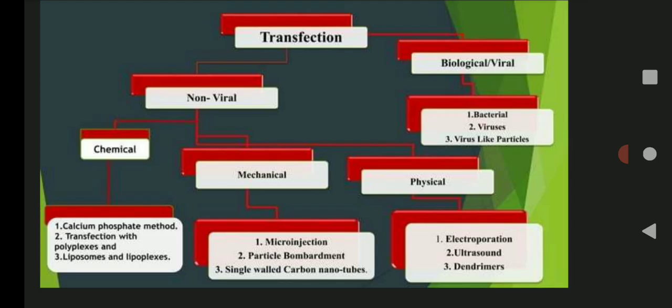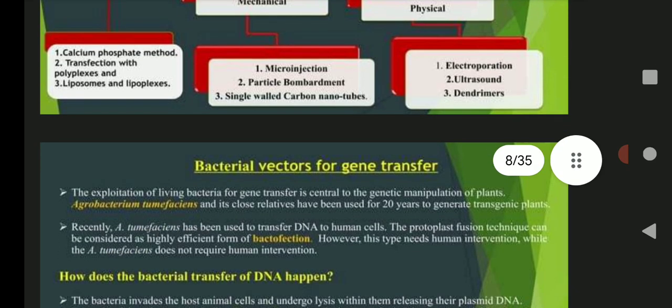In non-viral, we come across the chemical method, whereby we use calcium phosphate and protein complexes, and liposome-mediated transfer takes place. The mechanical method is by injection, that is, microinjection or particle bombardment using the gene gun method, and single-walled carbon nanotubes are utilized for this method. The physical methods involve electroporation, ultrasound, as well as dendrimers.